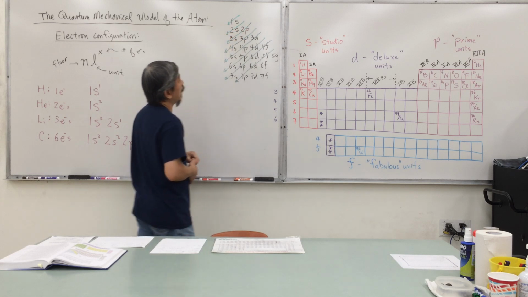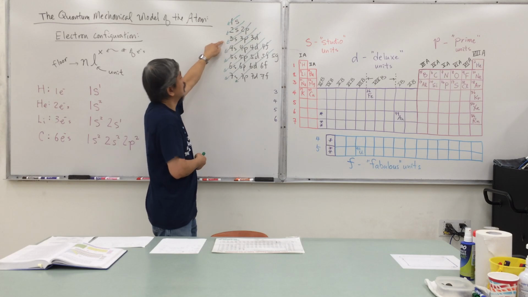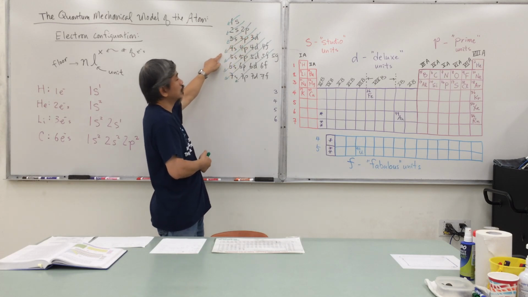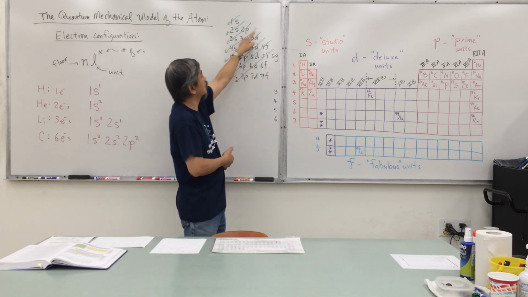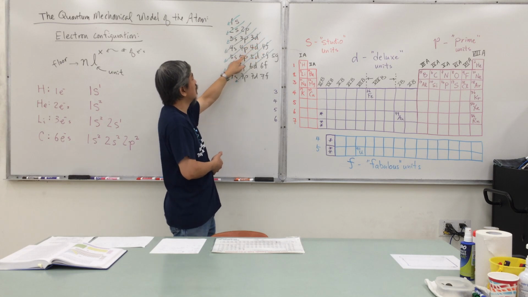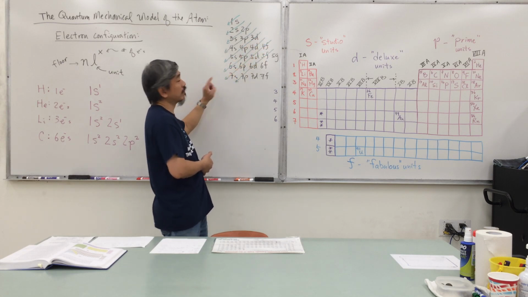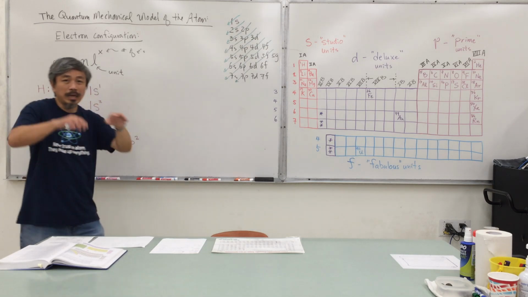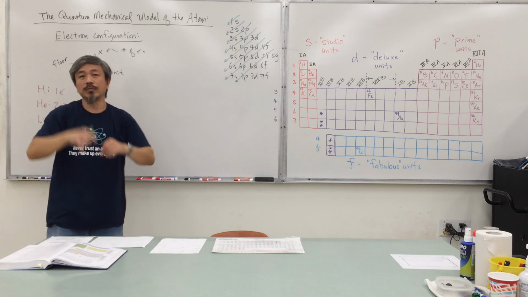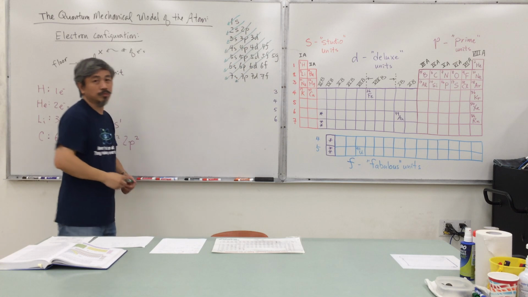And then notice in this case, after 2p, you go to 3s, and from there 3p, but instead of going to 3d, you continue to 4s first, and then you double back to go to 3d, 4p, 5s before you double back to go to 4d, 5p, 6s, and then double back to 4f, 5d, 6p, 7s, and so on and so forth. So this allows you to keep track of where these levels are intermingling and shifting relative to each other. You don't even have to worry about that, just keep this in mind, and that shows you pretty nicely.